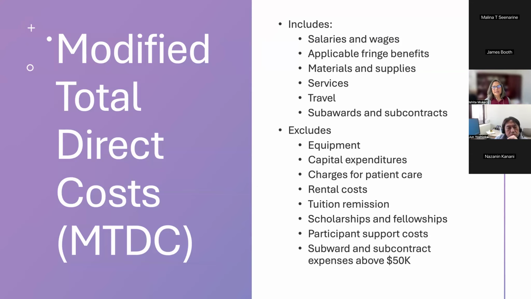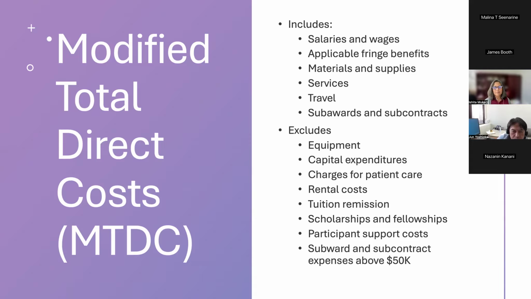That can include salaries and wages for personnel, the appropriate fringe benefits, materials and supplies, any services that you need to purchase in order to do your work, travel, subawards, and subcontracts. Those are all direct costs that we would consider when we're calculating the indirect costs.